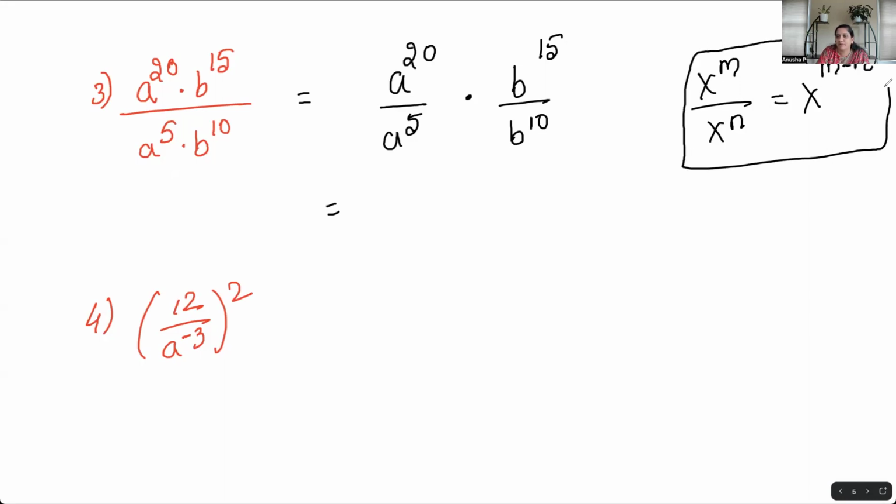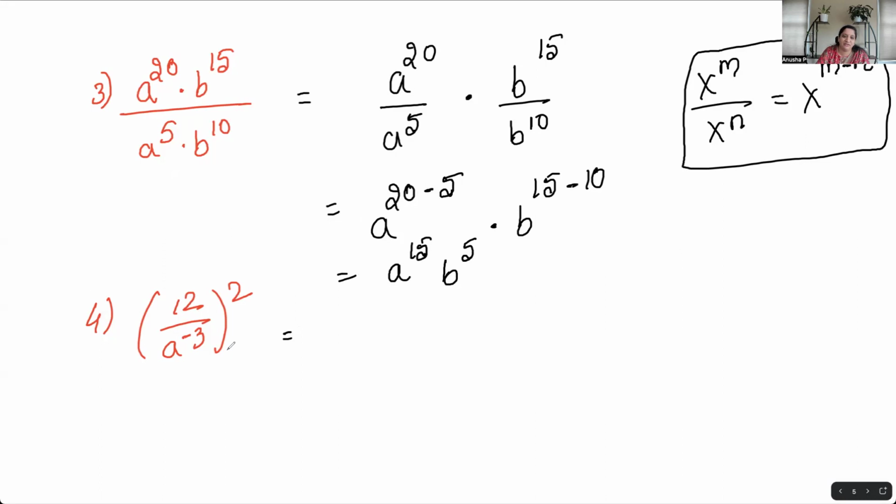So we have to subtract, right? So a to the power of 20 minus 5. Similarly, b to the power of 15 minus 10. So a to the power of 20 minus 5 is a to the power of 15 and b to the power of 5. Is it clear? a to the power of 15 and b to the power of 5.